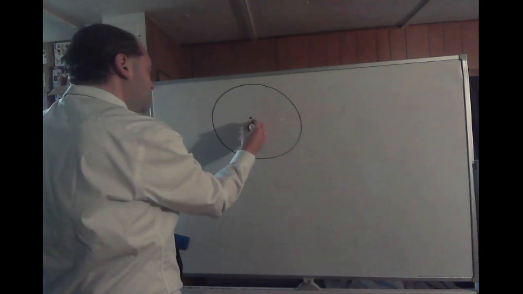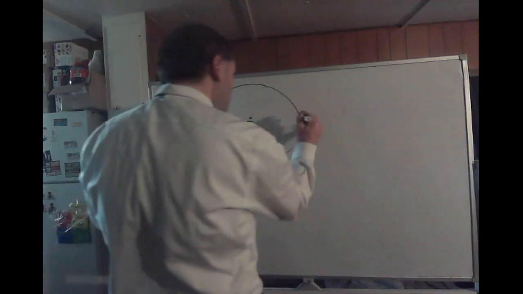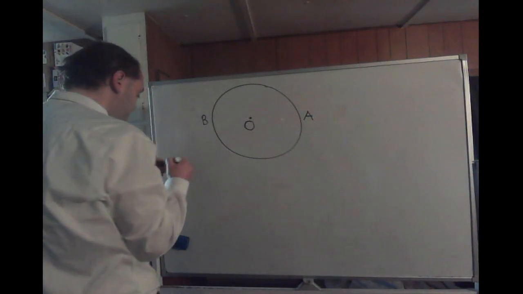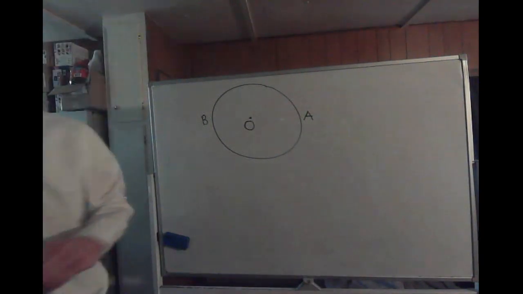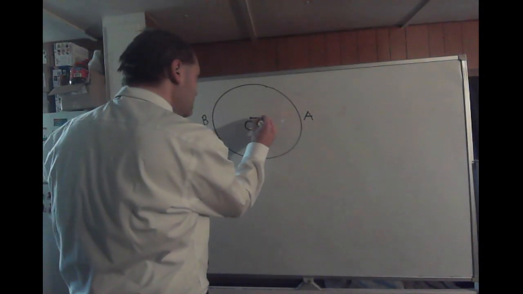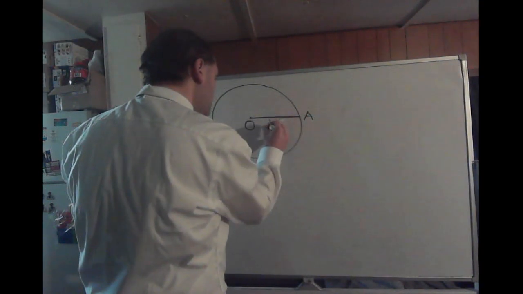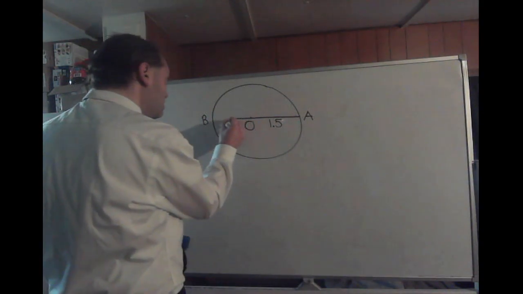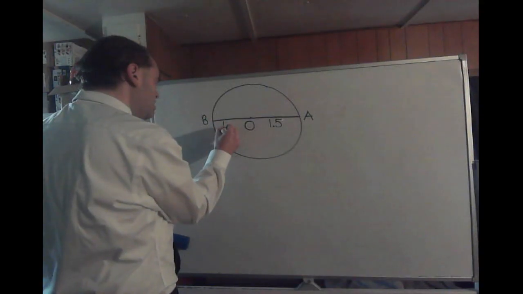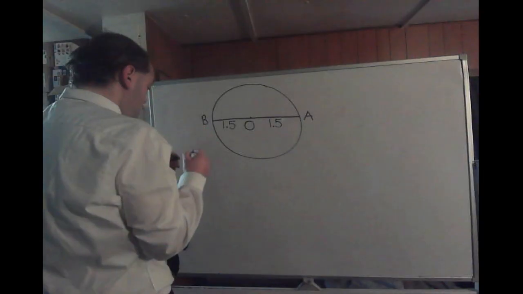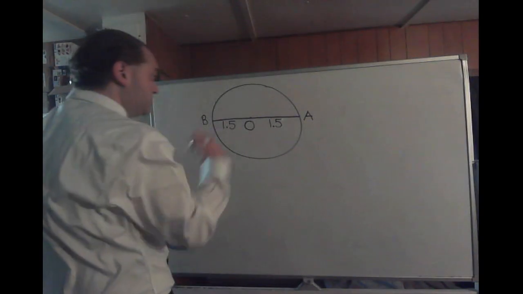Here's still circle O. Alright, then I need to shade this region.